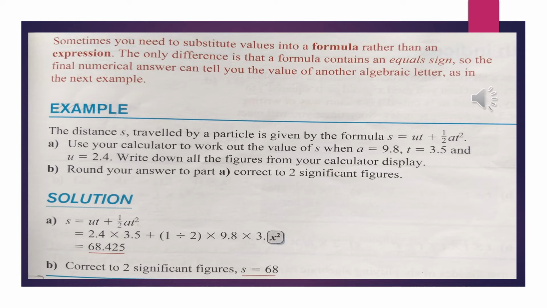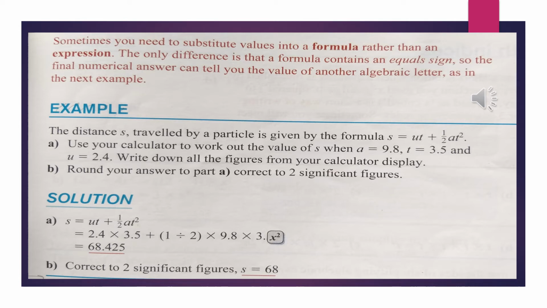See the example below. The distance s travelled by a particle is given by the formula s equals ut plus half at squared, which you are familiar with as the physics equation.